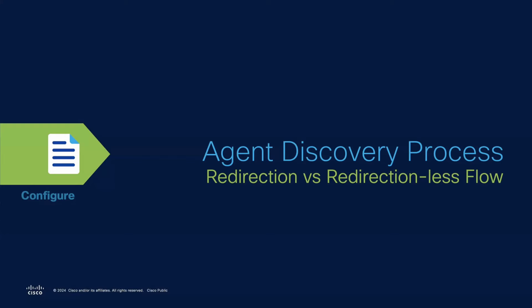That's where the discovery process comes into play. The Cisco Secure Client discovery process is to identify the PSN that the device got authenticated with. And this has 2 flows. One is called redirection, another one is redirection-less flow. Whatever access policy we have configured is for the redirection flow.